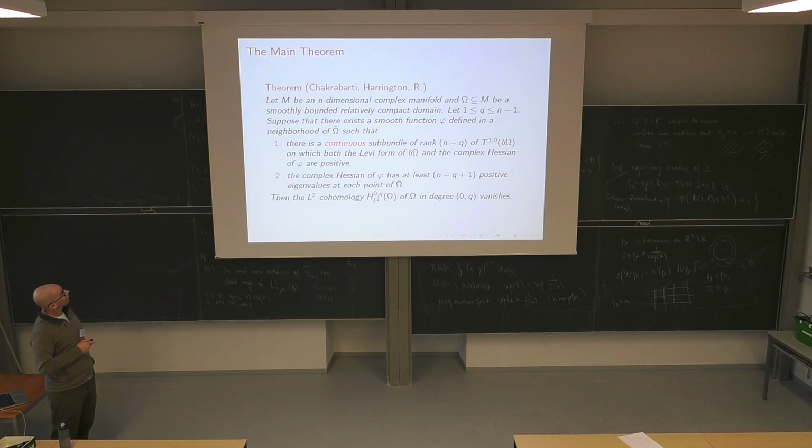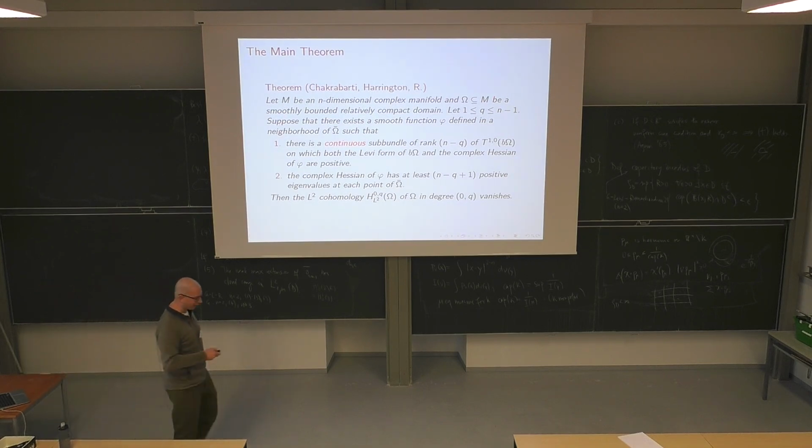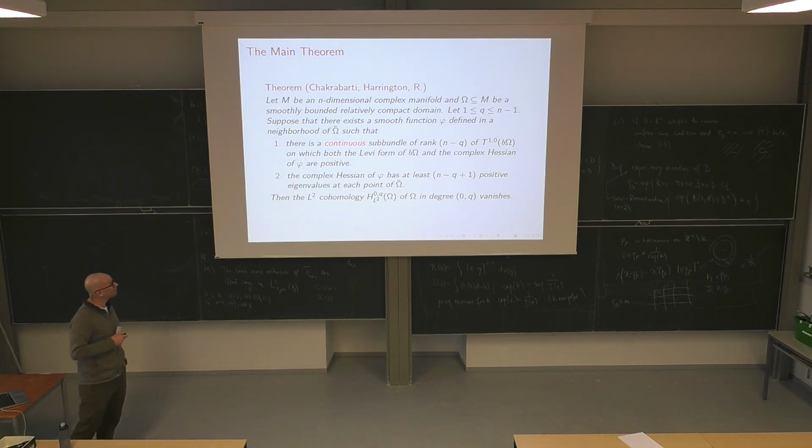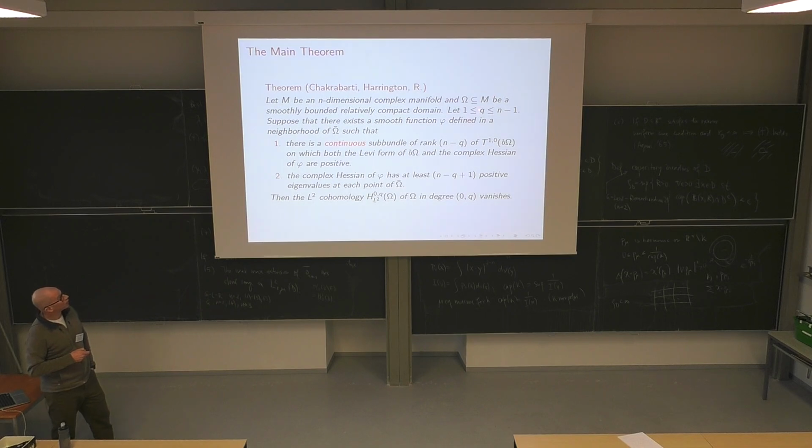So we have M is an n-dimensional complex manifold, and omega C, I think Phil probably wrote this version because C3 is not here. It just says smoothly bounded because C3 might as well be infinity. And we have Q between 1 and n minus 1.